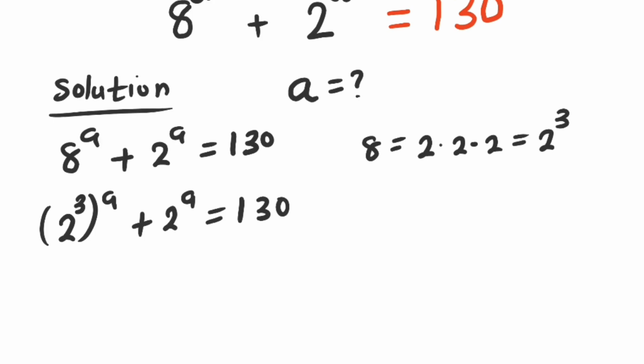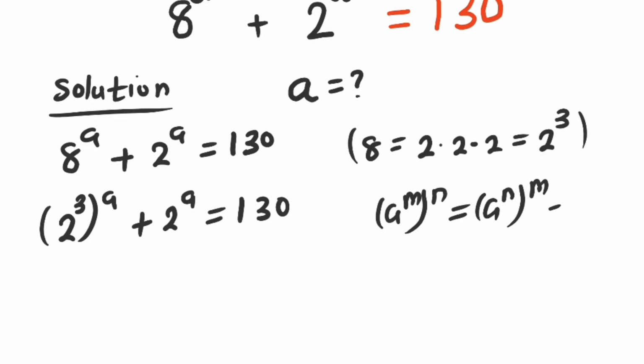Take note of this: if you have a raised to power m to the power of n, this is equal to a raised to power n to the power of m, which is equal to a raised to power mn.